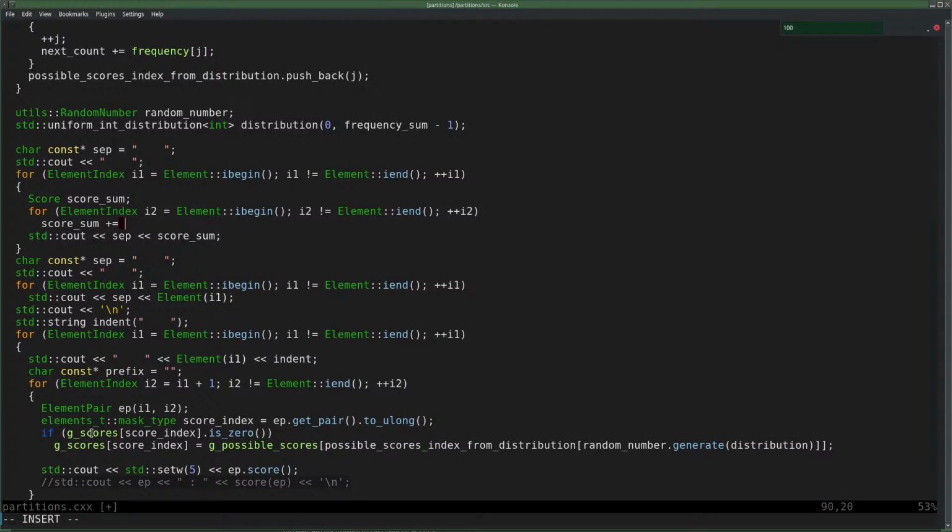And then I can add these scores. Oh, actually, I only want to add it if it is larger than 0.